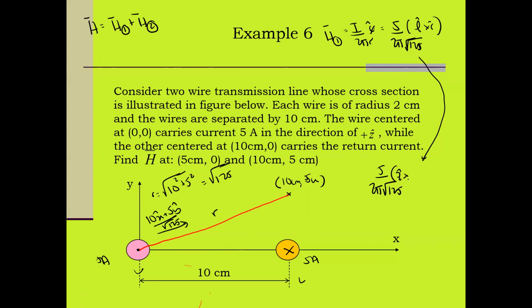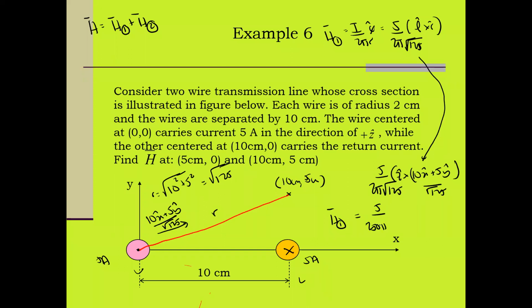So that should give us 10 X plus 5 Y divided by the square root of 125.